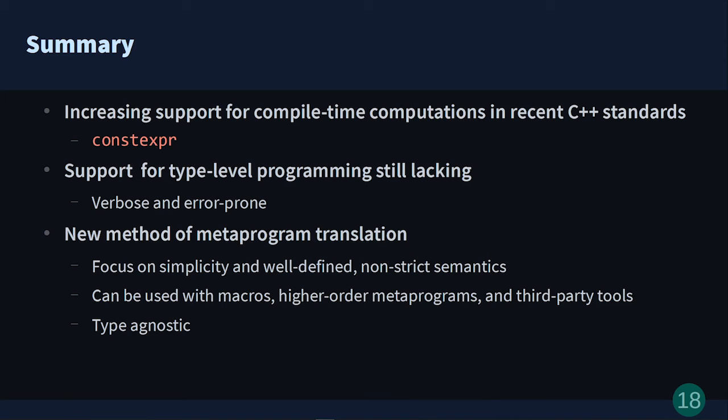In this talk, I've given an overview of a new translation method that focuses on clear semantics and simplicity. The translation itself can be used in libraries, as macros, or in higher-order metaprograms, or it can even be used in third-party tools such as transpilers. And finally, an optional type system can be used to catch even more errors before the template code is even compiled.